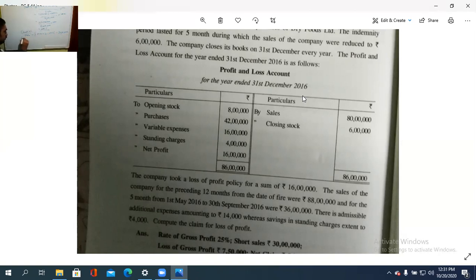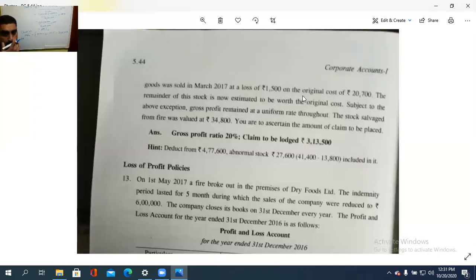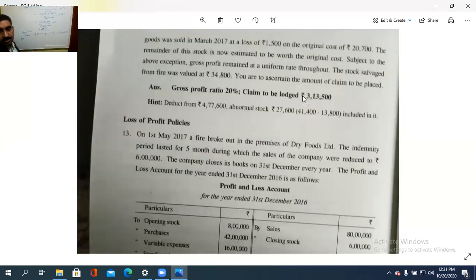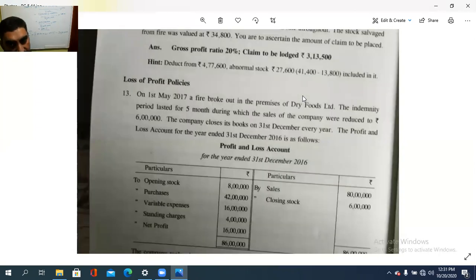Then less, what is there here? The indemnity period lasted for 5 months, and that sale is reduced to 6 lakh. So sales for the last 5 months are 6 lakh.